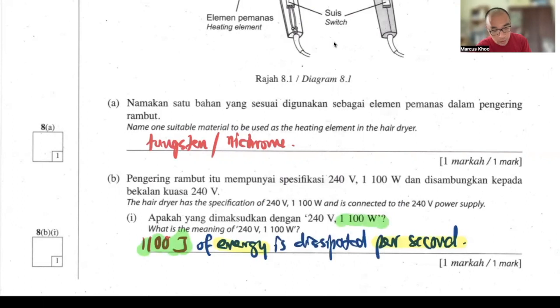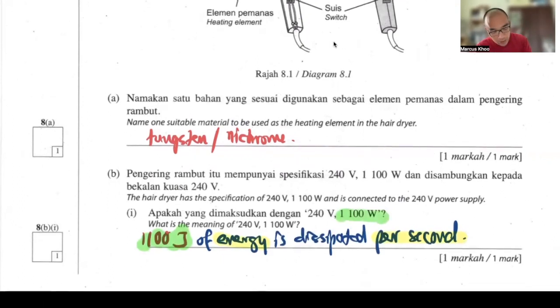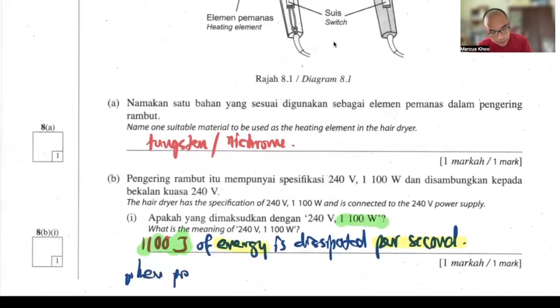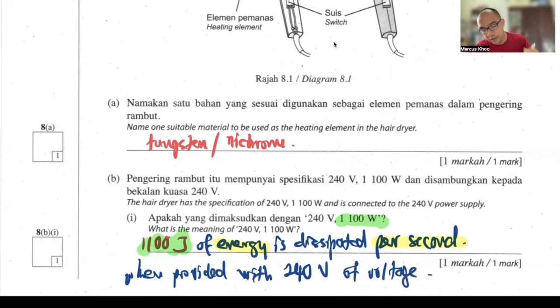So take a look at this: 1100 joules of energy is dissipated per second when provided with 240 volts of voltage or potential difference. The 240 volts, of course, comes from this 240.